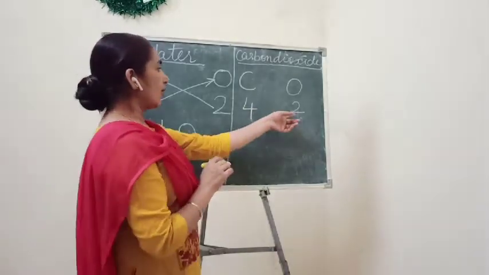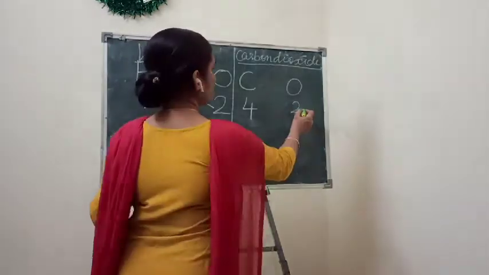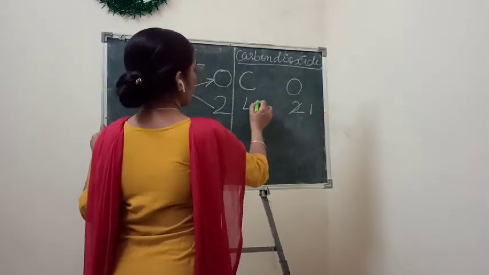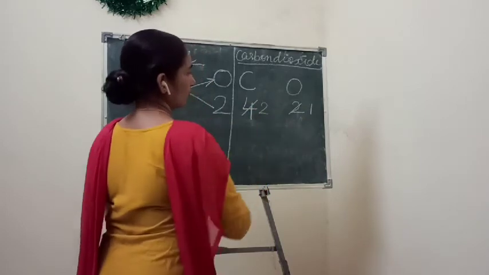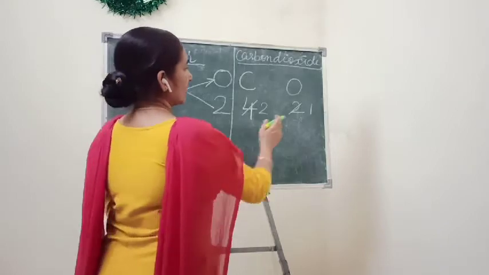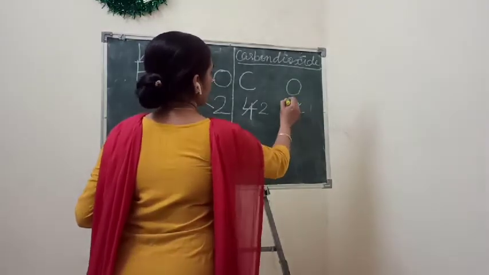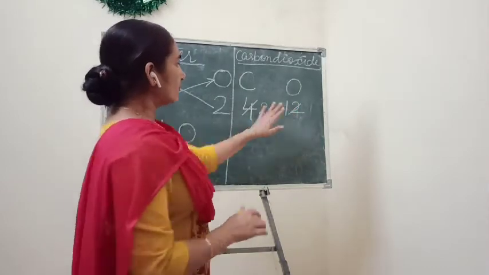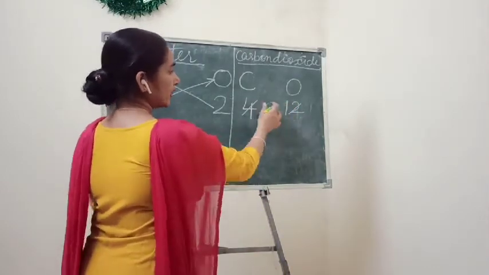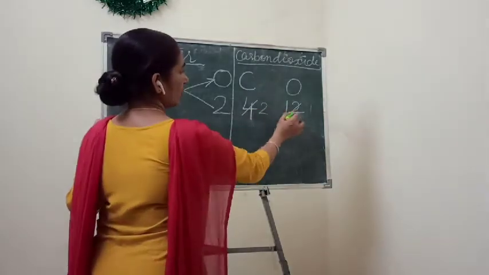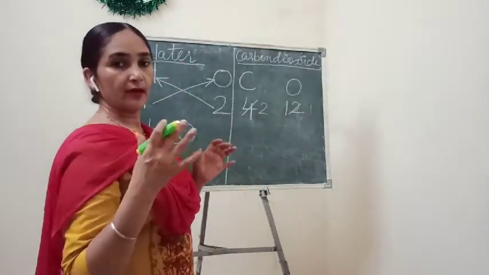So 2 ones are 2, and 2 twos are 4. Understand? So this one we can write on this side. We simplified these numbers 4 and 2.